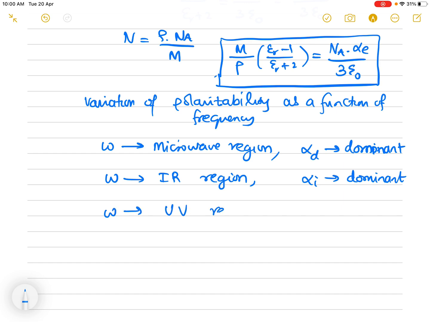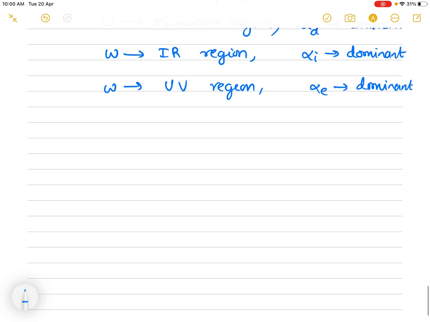As we increase the frequency from 0, the dipolar polarizability is constant, but in the neighborhood of the dipolar frequency, the dipolar polarizability drops.